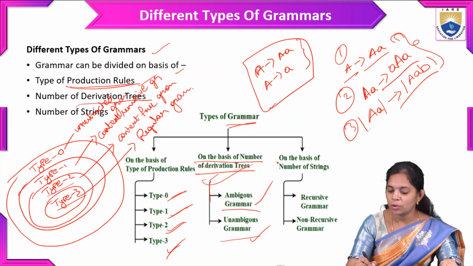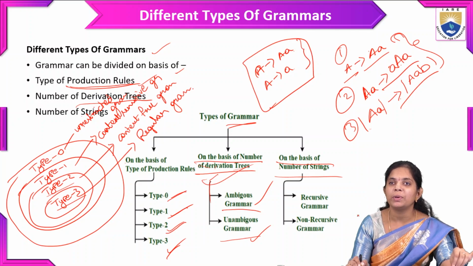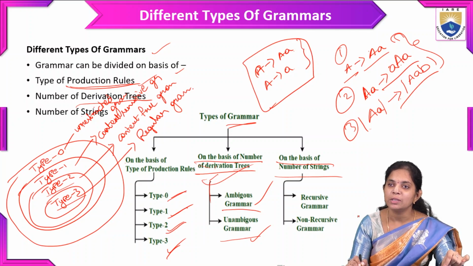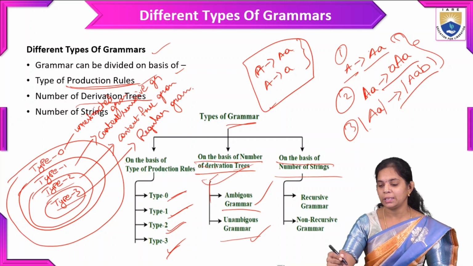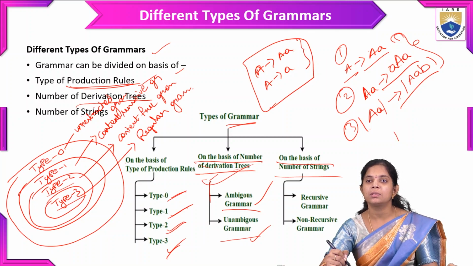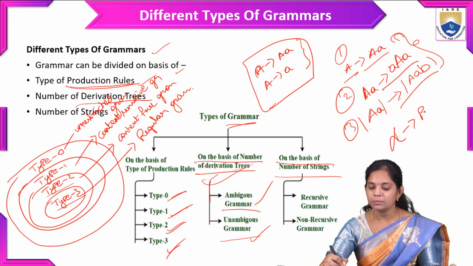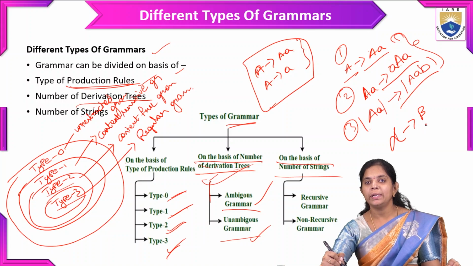And the third one is on the basis of the number of strings, that is, how many strings we have. Based on the number of strings, the length of the left hand side and right hand side that we choose from alpha tends to beta, this is also one different type.